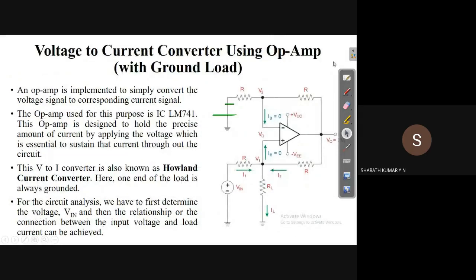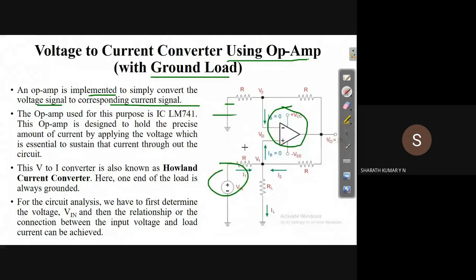Using an op amp, we can achieve what is known as a nearly perfect voltage to current converter. The op amp is implemented to simply convert the voltage signal to the corresponding current. The advantage of the op amp is that it provides isolation between the source and load. This we have discussed in many contexts.